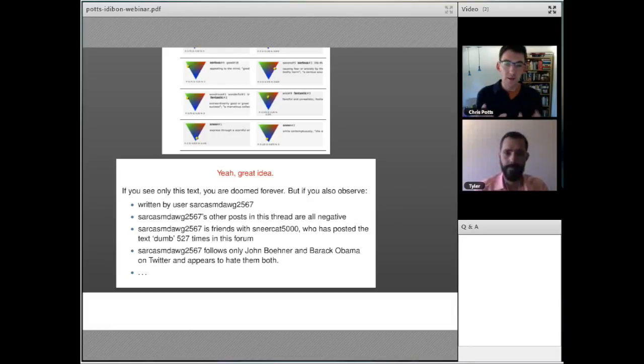That engages deeply with the point I was making before, that emotional expression is not a fact about text, it's a fact about people using language, and you have to bring the people in if you're going to do a good job on this problem.